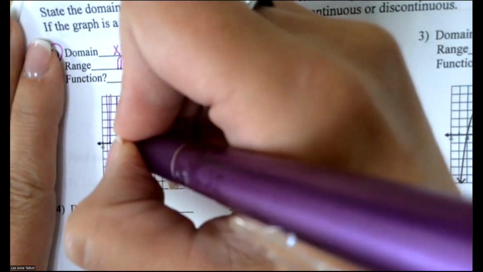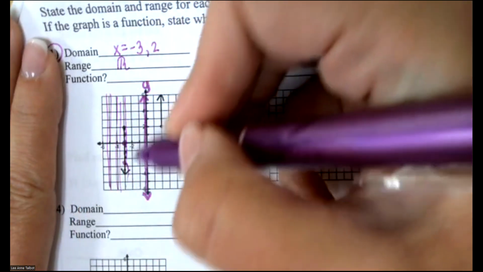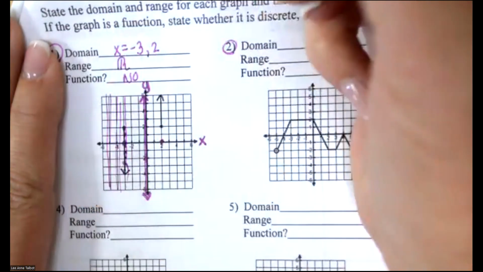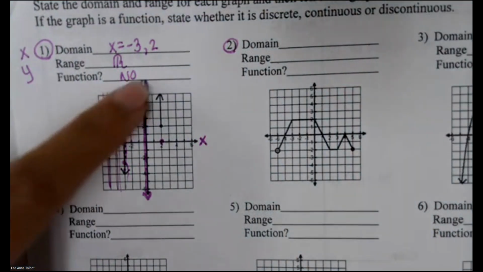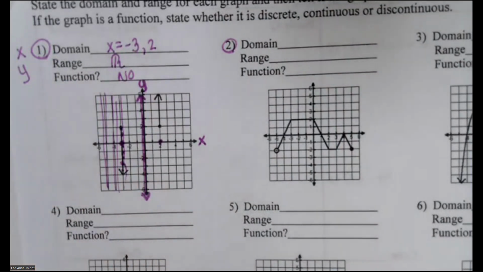Do you see this part right here touches that vertical line more than once? You see that it touches it infinite times? It means it's not a function because it touched it more than once. I promise you that's going to be the easiest part of this whole sheet. You don't remember it, but that's going to come back to you the quickest.